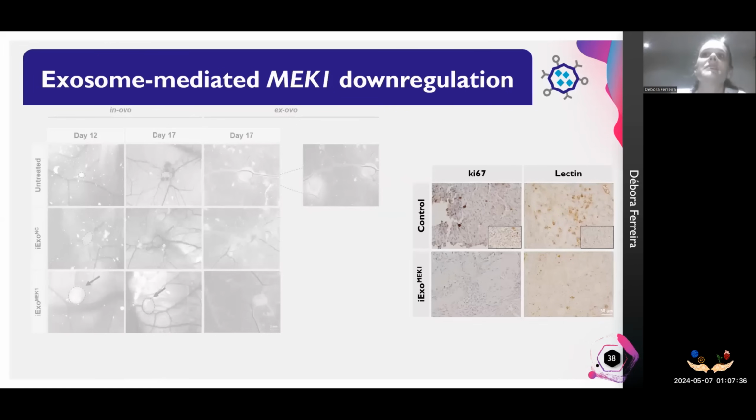To complement the above-mentioned quantitative results, immunohistochemical analysis was also accomplished, and as we can observe here, a clear reduction of the proliferation marker Ki67, as well as a decrease of lectin immunostaining in the exosome SCI-MEC1 condition in relation to the untreated condition was observed. These results are in perfect agreement with the regression of the tumor area and the number of blood vessels above mentioned.